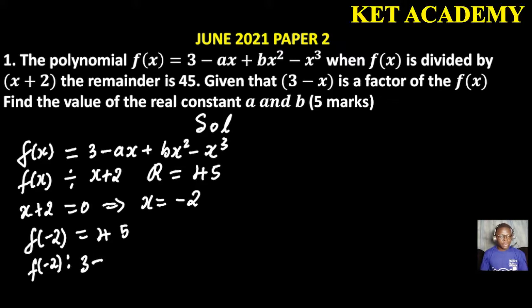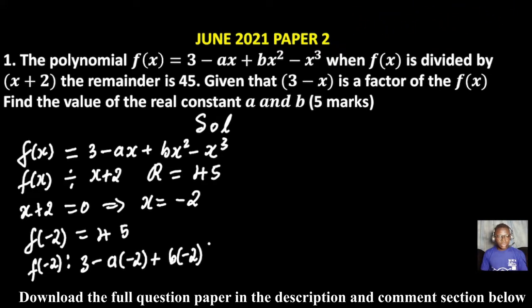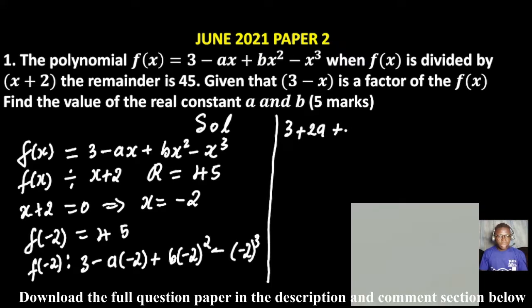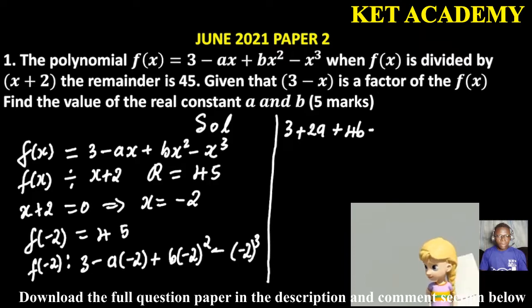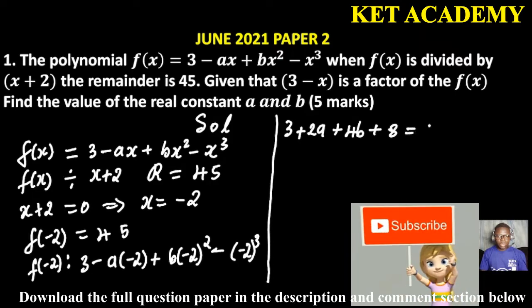So we are going to have 3 minus a into minus 2 plus b into minus 2 squared minus minus 2 cubed. If we simplify our result, this should be equal to 45. So we're going to have 3 plus 2a plus 4b plus 8 equal to 45.